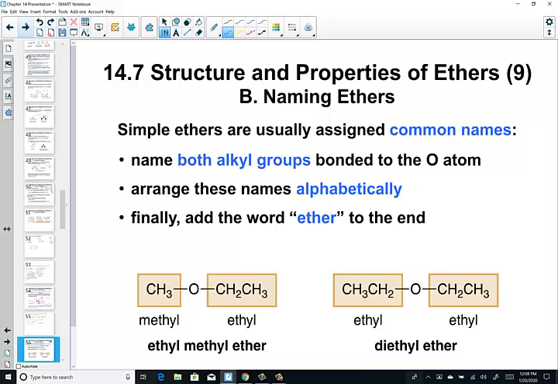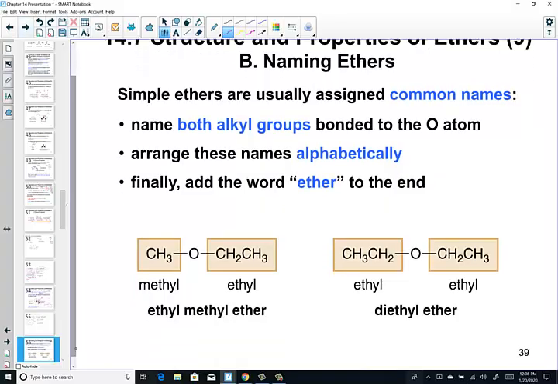When we name ethers, this practice of nomenclature, we can assign common names if both alkyl groups are relatively small. And to do so, we just arrange those alkyl groups alphabetically and end it with the term ether. An ether linkage between a methyl, which is a 1-carbon alkyl group, and an ethyl, which is a 2-carbon alkyl group, is simply alphabetized by sharing the length of the chain as substituent names: ethyl methyl ether.